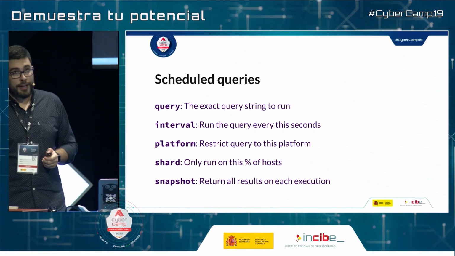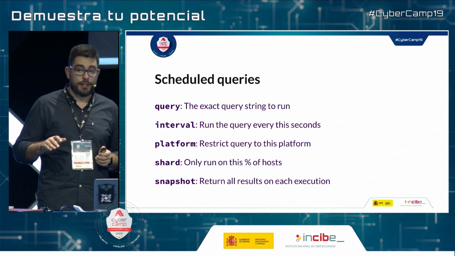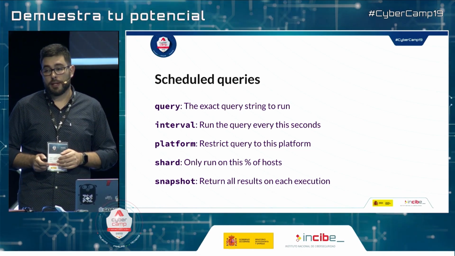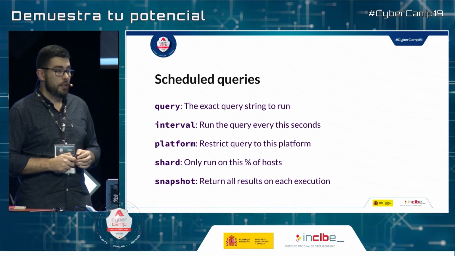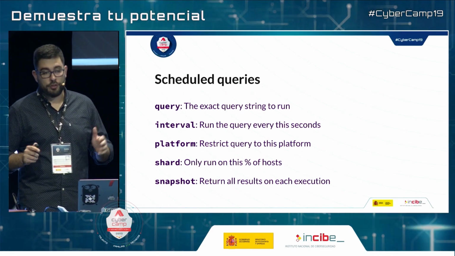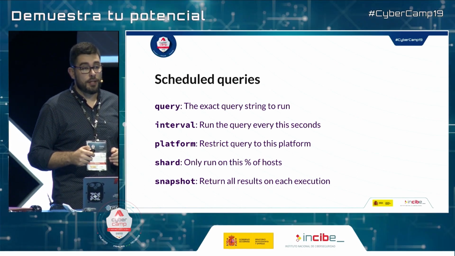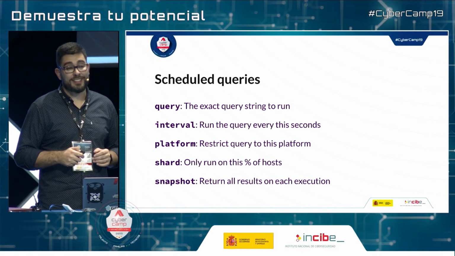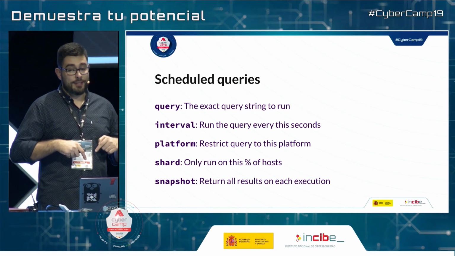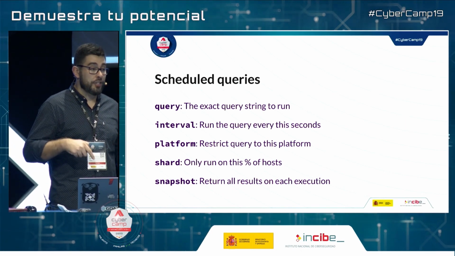And then we have sharding, for example, which is another configuration parameter. Say you have to work in a system with many machines, distributed systems, and a bit of load. What sharding will do for you is sample the queries that you're running.